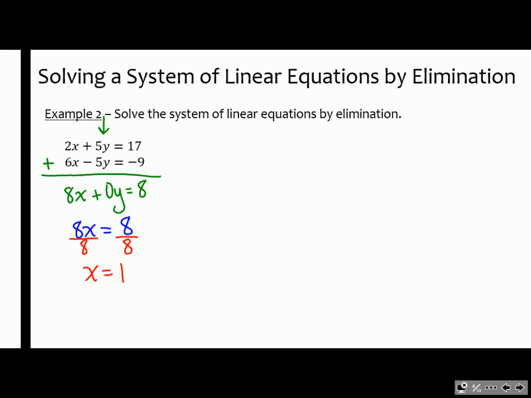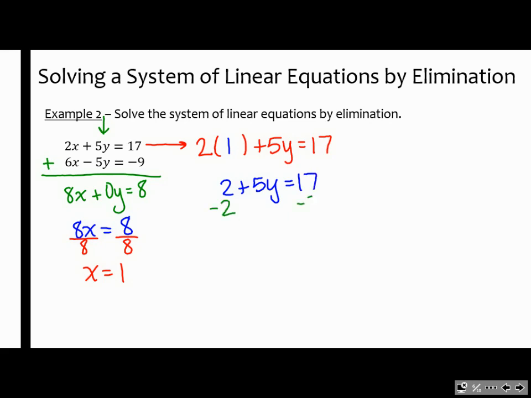Looking at both of my equations, neither of them look particularly hard nor easy, so I'm just going to default and use the first equation in the system, rewrite it with a substitution. We'll be removing x, and then we have plus 5y equals 17, and replacing x with 1. 2 times 1 is 2, plus 5y equals 17.